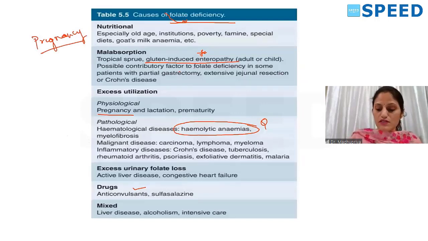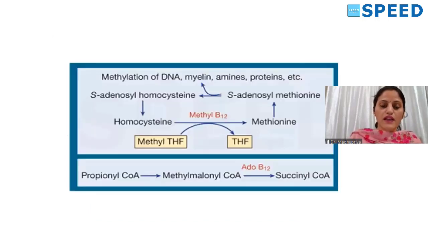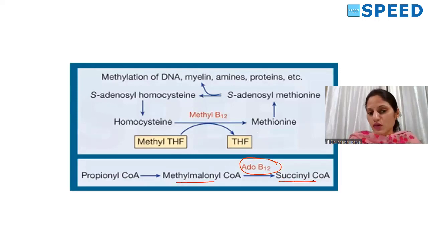I'm just mentioning the questions which are asked, because this is a wide topic, and this, of course, you all know in your biochemistry. Why I have put this here especially is, adenosyl B12 is an important coenzyme for conversion of methylmalonyl CoA to succinyl CoA. And methyl tetrahydrofolate acts as a methyl donor to homocysteine in the presence of methylcobalamin to form methionine.